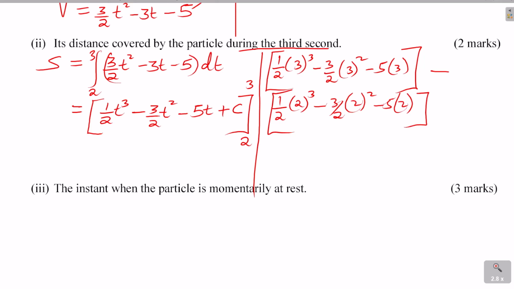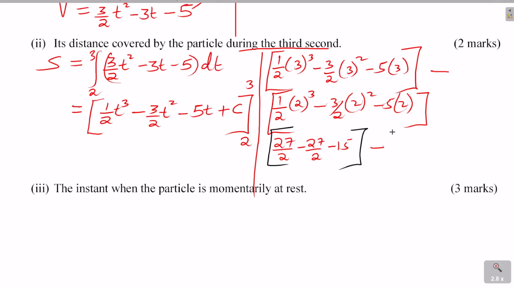For the first one, this is what you're going to get, 1 over 2. So this will give 27 over 2. Then again this one, 3 over 2. This one will give again 27 over 2, and minus 15, like that. And then we go to the bottom one now. This one, I have 2 cubed.